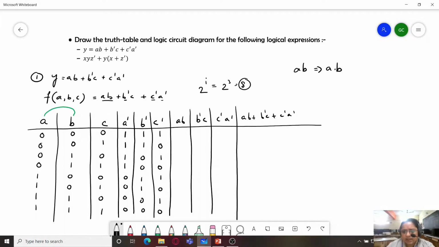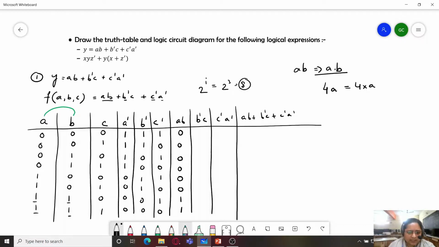As it happens in mathematics, if I write 4A, it means 4 times the value of A. So AB is the AND operation between A and B, and as we already know, AND operation means that if either one of the inputs is 0, the result is going to be 0. So we have four zeros here, so we can simply write zeros because it doesn't matter what is there later on. The first one itself is 0. Next 1 0, that will also be 0, then 1 0, it will be 0, then 1 1. These two values are going to be 1.